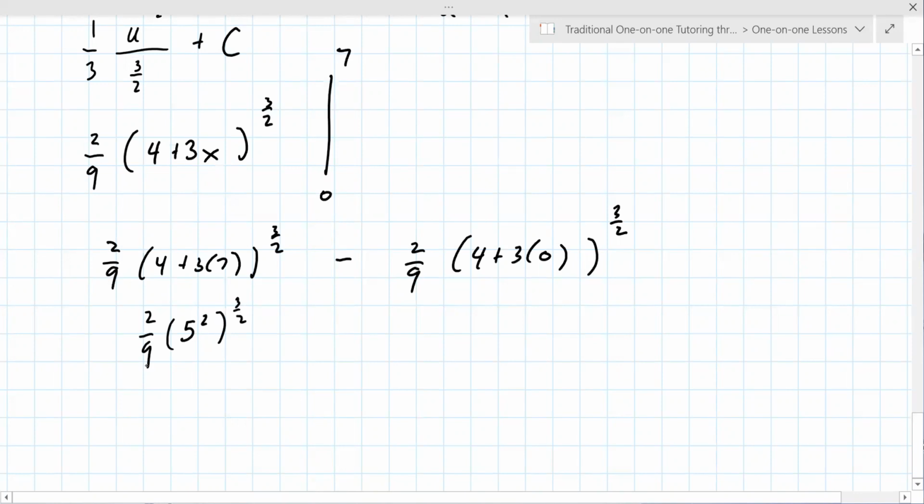And then you're going to manipulate the exponents here. So it's 2 over 1 times 3/2, so 6 over 2, so 3. So it's 5 to the 3rd, which is 125 times 2/9.